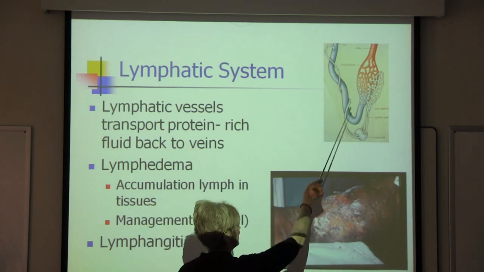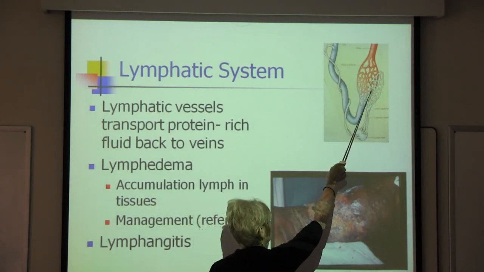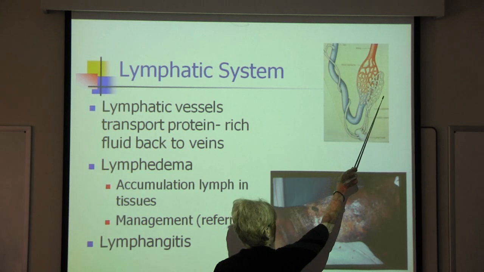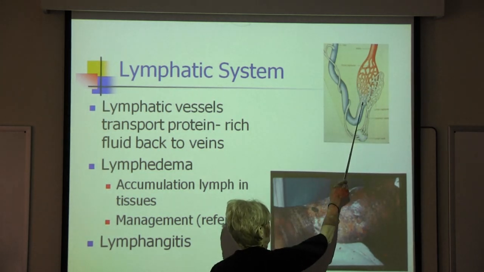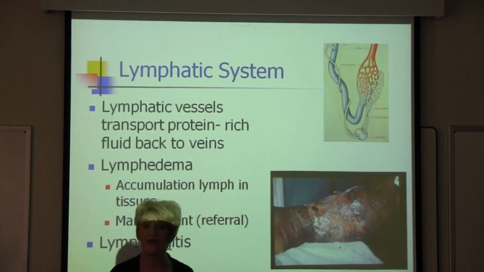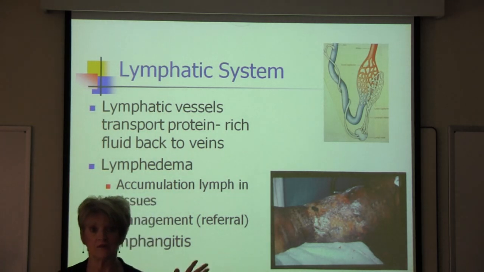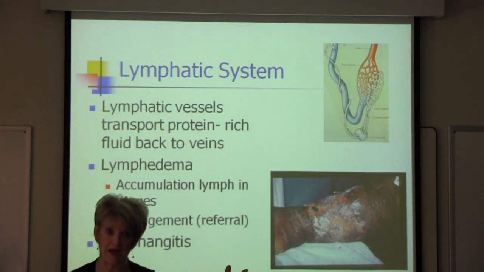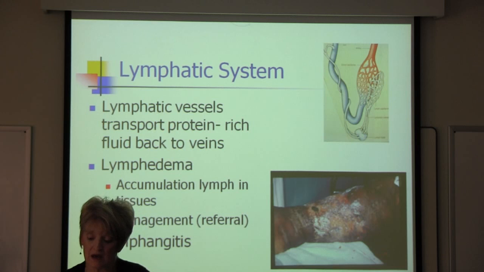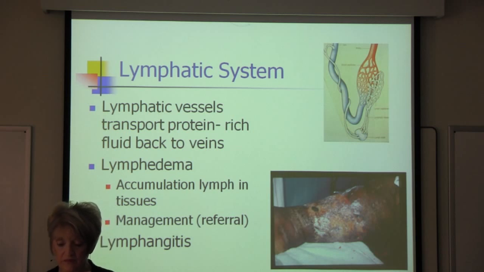Then on the venous side of the capillary bed, pressures have dropped, and so fluid transfers back into the capillary bed. That whole exchange of plasma out into the tissues and back into the capillary bed helps to deliver nutrients, oxygen, and pick up waste products, etc. Here's the problem.